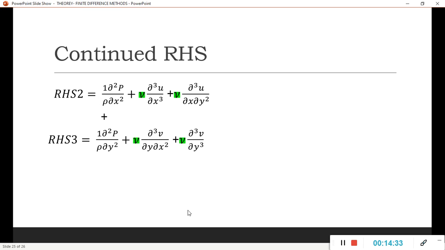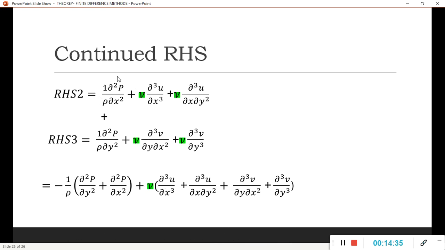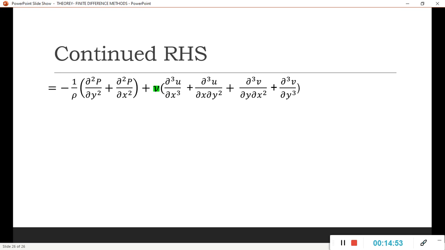Nevertheless, the pressure gradient is a minus term, and then we add dou squared p by dou x squared plus dou squared p by dou y squared, and then add all these terms together. You don't have to do anything else yet, just add these four terms together and take the common term nu, which is the viscosity, outside, and we end up with this particular equation.